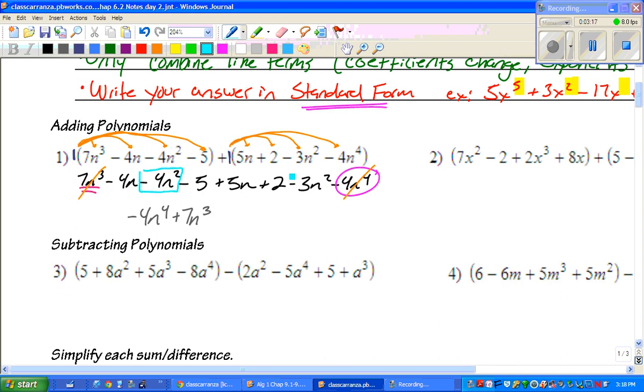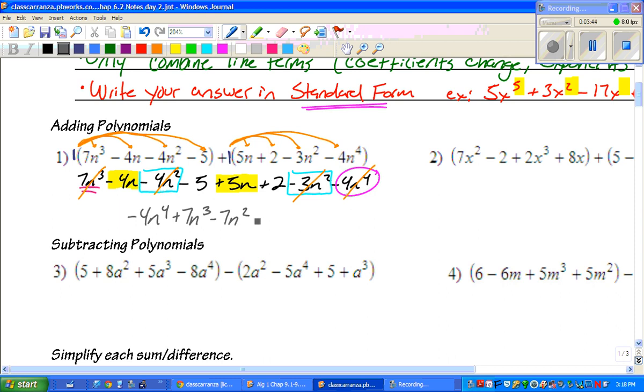So next is the square. So negative 4n squared, negative 3n squared. When you combine those, it's negative 7n squared. All right, I've taken care of those. Now we have just the n. And so negative 4 plus 5.